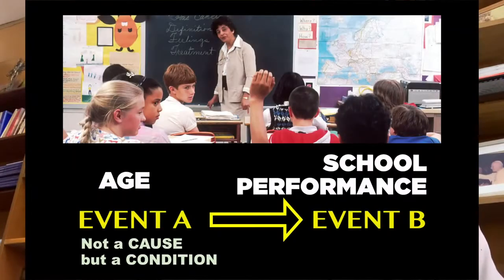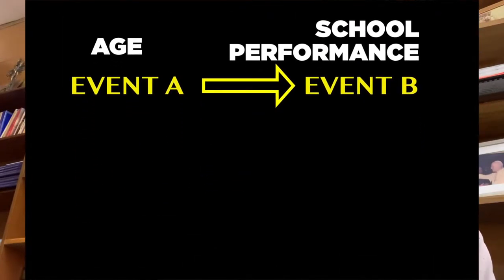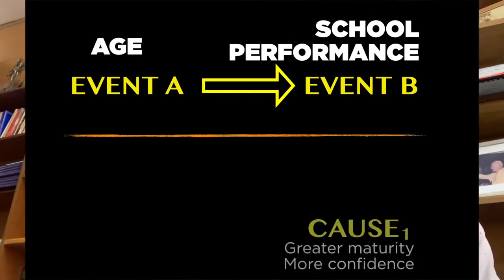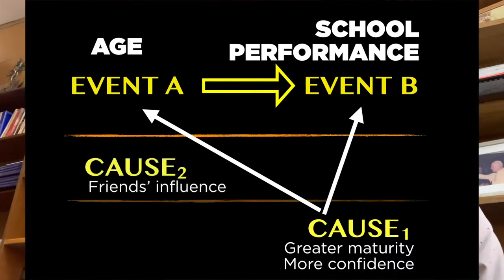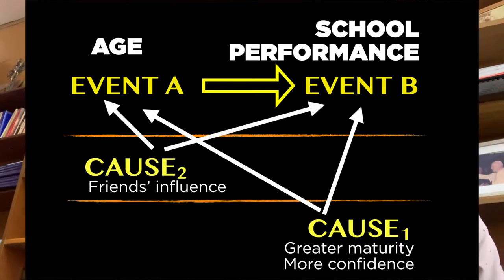So the critical realist researcher would ask himself or herself, what could be the underlying causes that are triggered by age? One possible answer is that as a student gets older, he or she becomes more mature and gains greater self-confidence, thereby leading to better school performance. Another cause would be perhaps the friends of the student begin to value and begin to look up to students who do well academically.